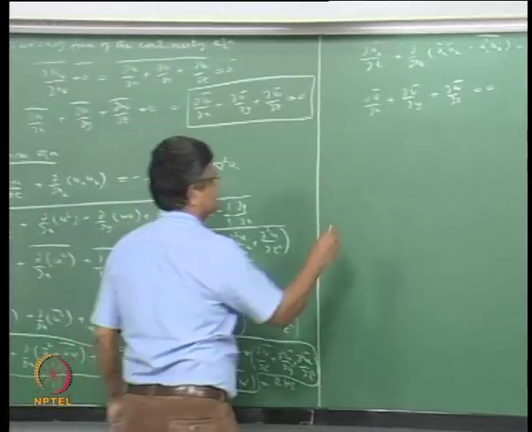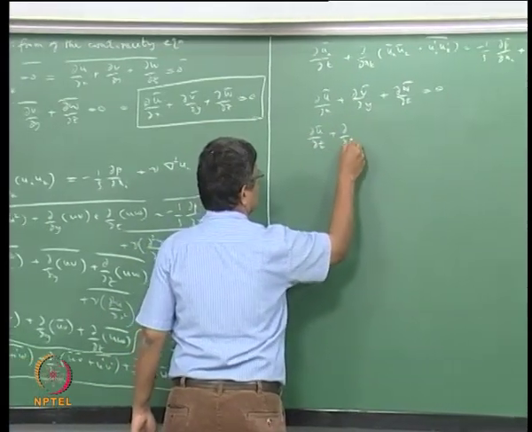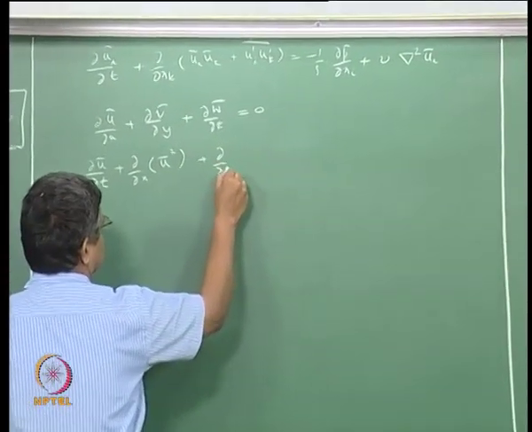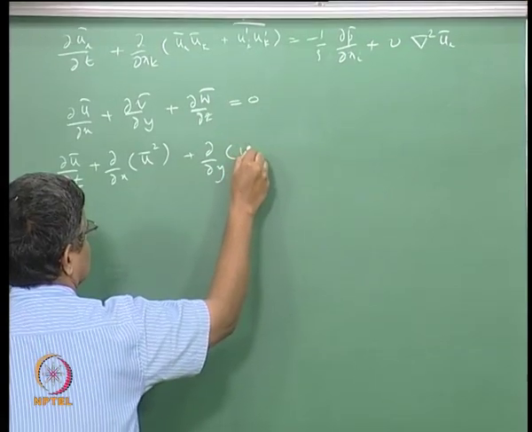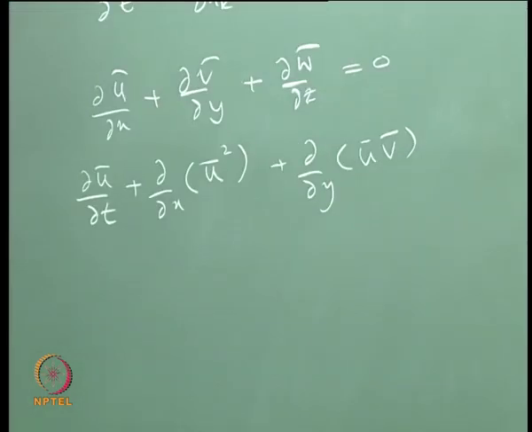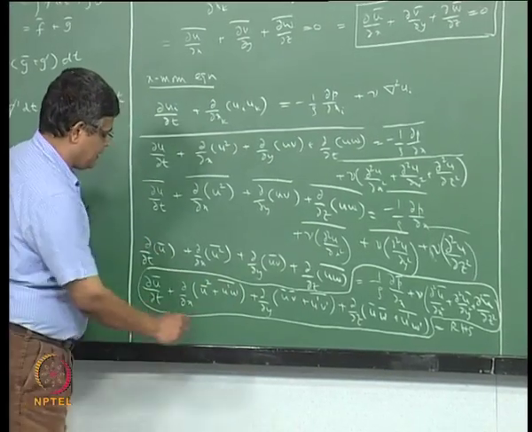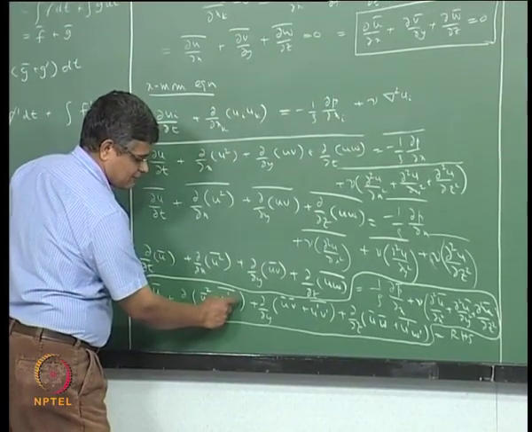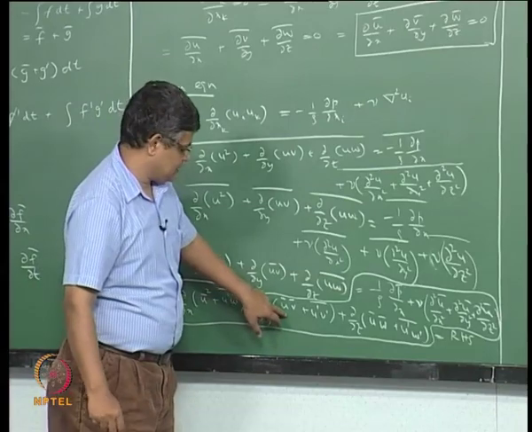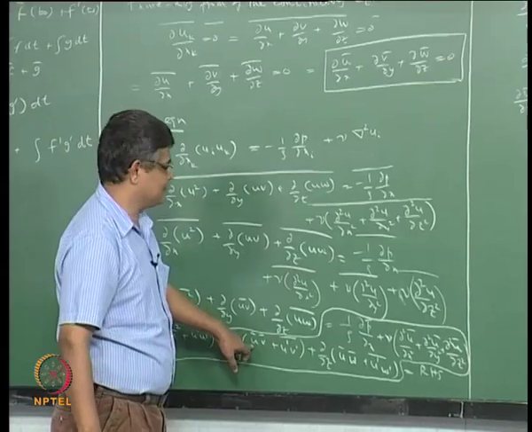And we already have this, so what I am doing here is that I have dou by dou x of u bar square, and then I have dou by dou x of the average of u prime square. I take these time average of the fluctuating component terms onto the right hand side and retain the derivatives of the time average primary quantities on the left hand side.